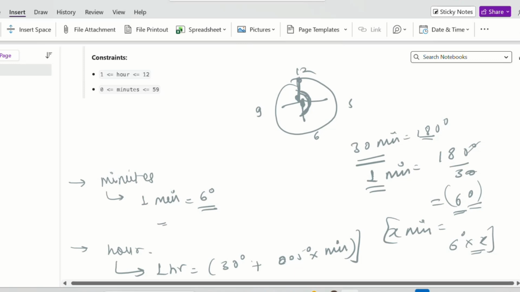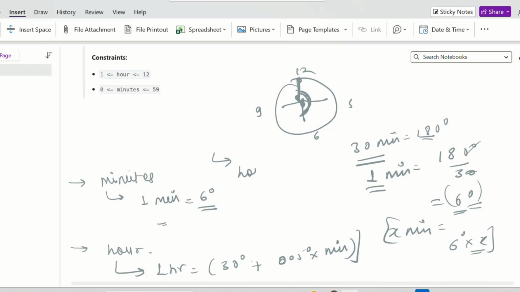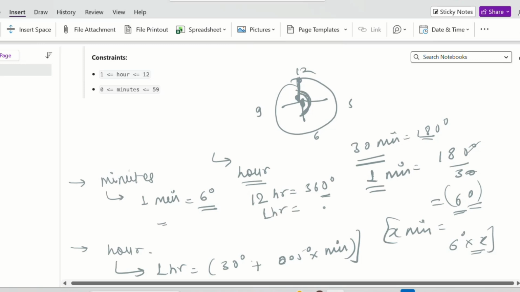And what about the hour? So for the hour, there are two things. The hour hand will change based on the hour and also based on the minute. Because if we complete 12 hours, the angle will be 360 degrees. So for 1 hour equals 360 divided by 12, it will be 30 degrees.